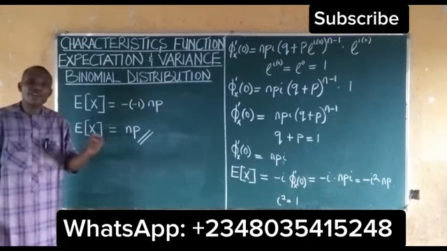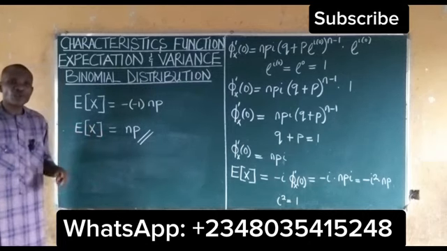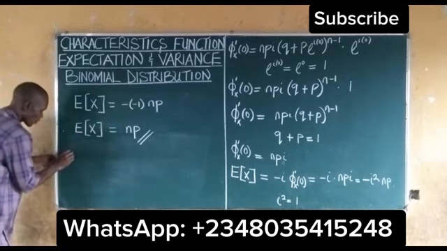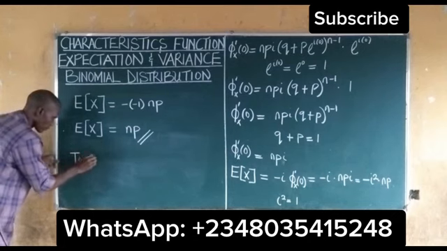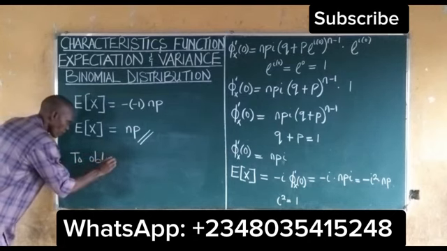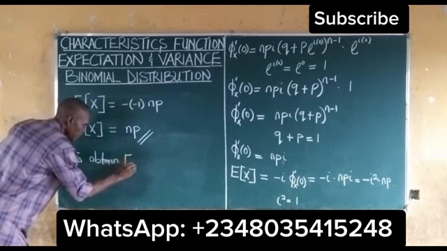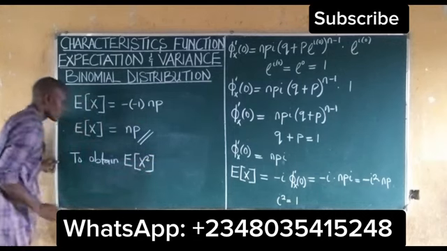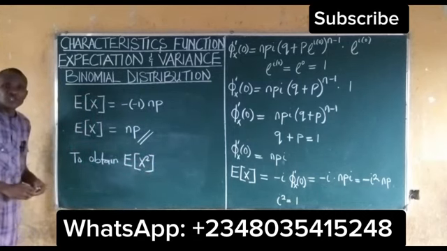But before we find the variance, we have to look for the expected value of x squared. To obtain the expected value of x squared, what do we need to do?